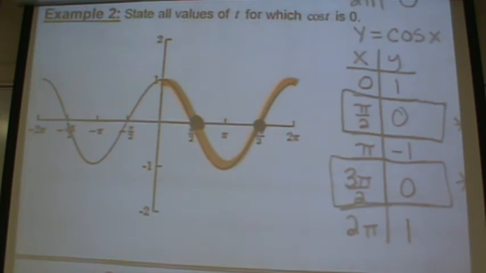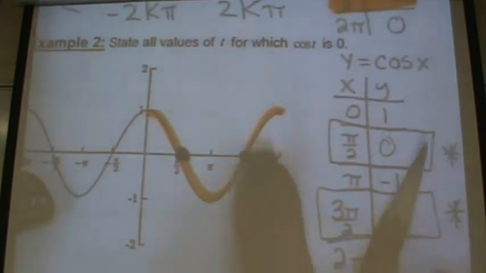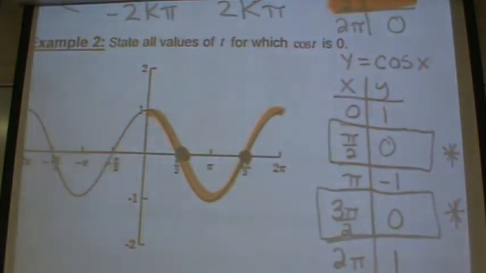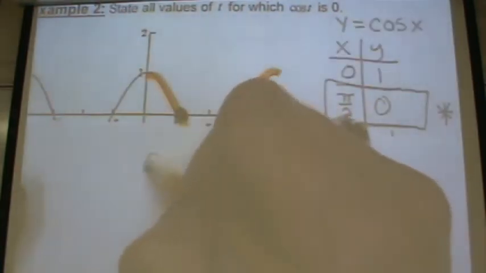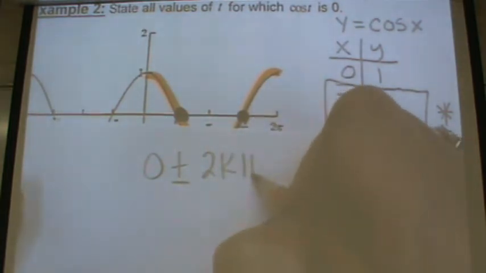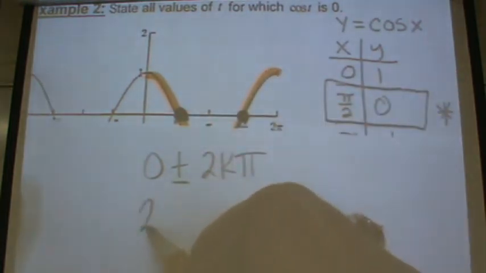If I said, state the value of t for which cosine is equal to 1, you would say it occurred at 0 plus or minus 2k pi, and at 2 pi.